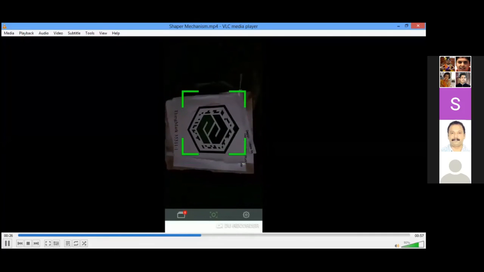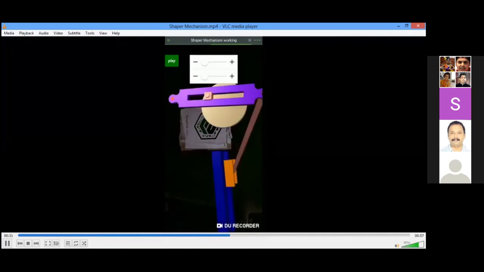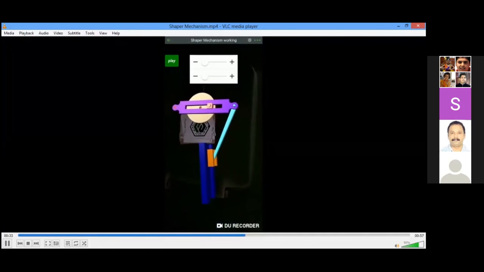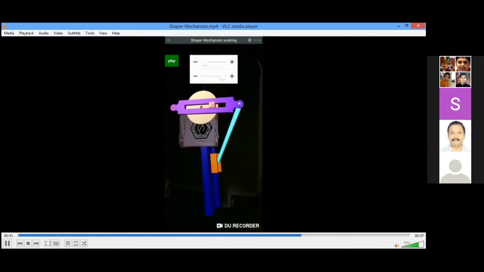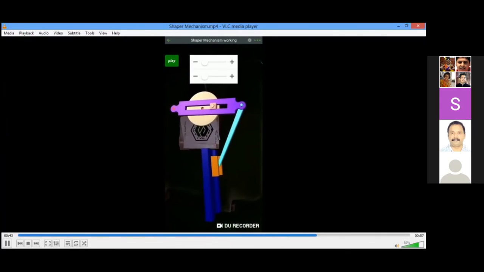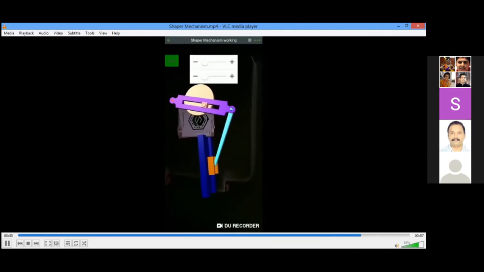You can scan this marker through your smart mobile, and the rocker mechanism will appear on your smart mobile, and you can show the students how the mechanism works in the shaper machine. Yes, like this. This mechanism is housed inside.